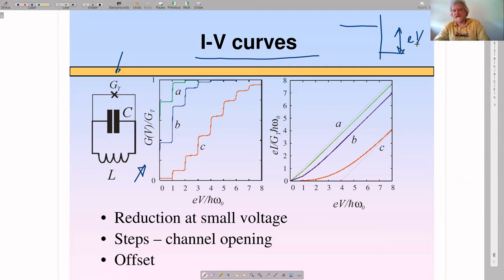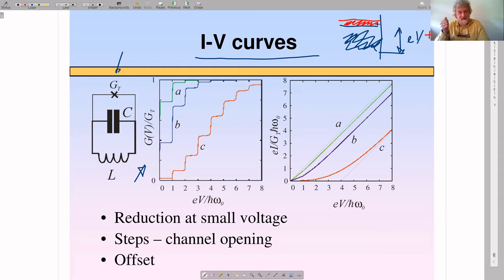So the current is contributed by electrons in the whole strip. And if I change the voltage, I will change the energy strip like this. So the change will be due to tunneling of electrons at a certain energy.